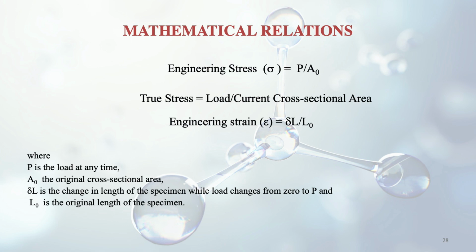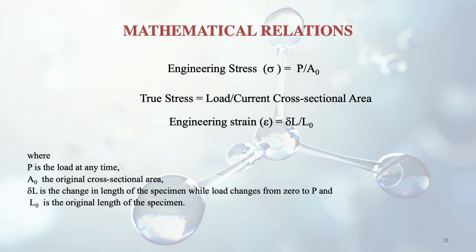Engineering stress is given by the load applied upon the original area of cross section. In the case of true stress, it is the load upon the current cross sectional area, because necking is happening and the area of cross section is changing. So the denominator in the true stress will be different than in the engineering stress.